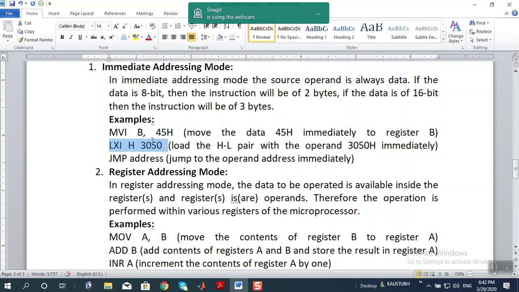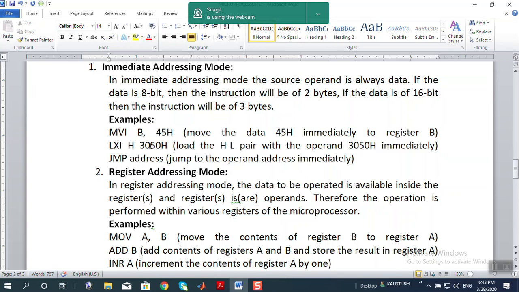Similarly, LXI H, as I already explained. When it is LXI, it has to have 16-bit data. And as I mentioned, when it is LXI, H actually specifies the HL register pair, not only the register H. It is 16-bit data because it is 3050 hex.